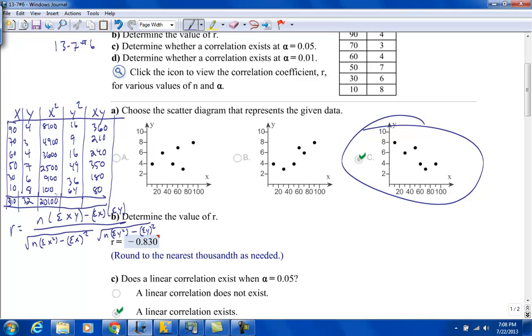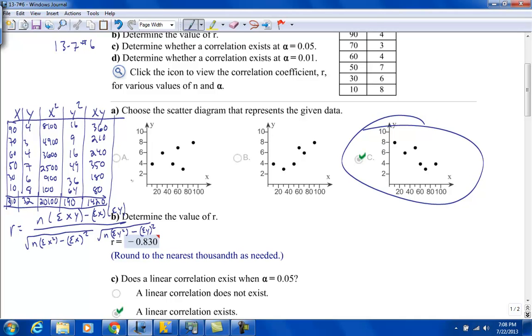16 plus 9 plus 16 plus 49 plus 36 plus 64. That's 190. And then we have 360 plus 210 plus 240 plus 350 plus 180 plus 80. And that's 1420.